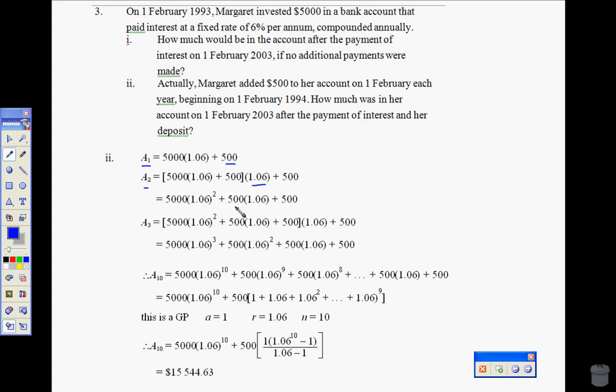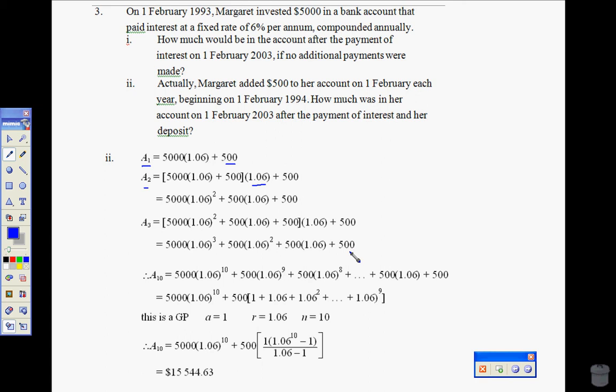But now our first $500 has only had one interest payment on it, and the second $500 at this point has not got anything, because this is 1st of February 1995. Then 1st of February 1996. So there's our original 5,000, and then we start to see our pattern setting up. That's the amount from 1994, 1995, and now the payment from 1996.